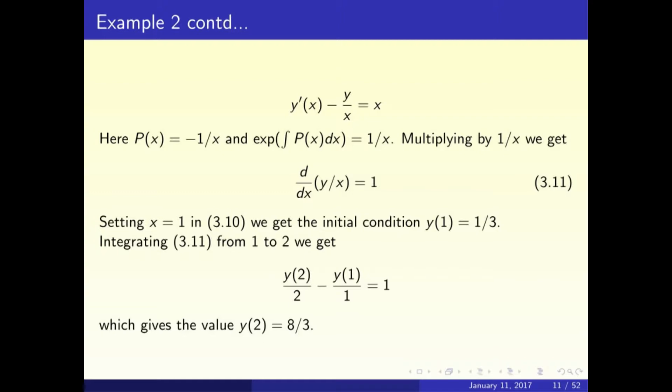It's a linear differential equation with p of x equals minus 1 upon x. If p of x is minus 1 upon x, e to the integral p(x) dx is e to the minus log x, which is 1 upon x.